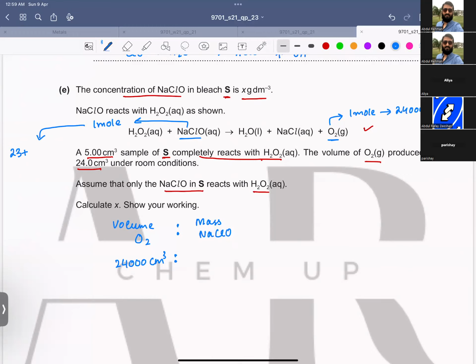So first is sodium 23, then chlorine 35.5, and then oxygen 16. So can anybody tell me the answer? 58.5, 68.5. Is it 74.5? Yes, can anybody confirm?